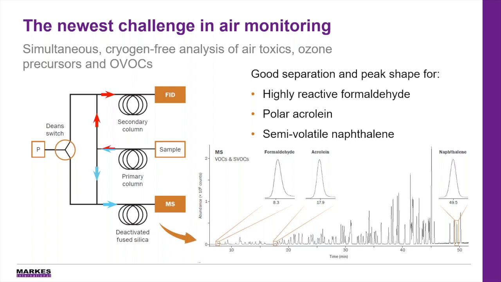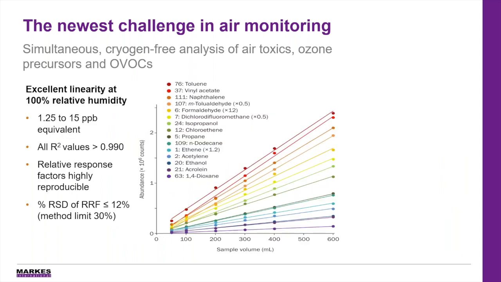So we can say at this stage that we've managed to trap and separate those 117 compounds. And we can do it quantitatively because we've got excellent linearity even when the standard is introduced at 100% relative humidity. The standard you can see here was introduced at different volumes.